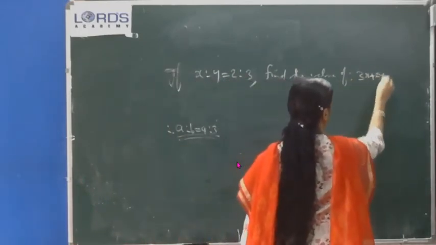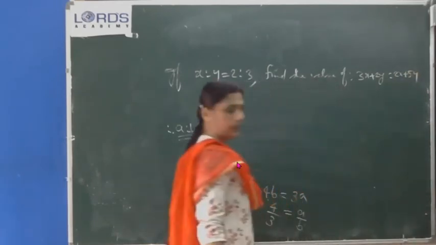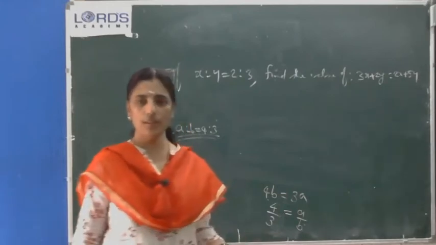This is the reverse question they are asking. 3x plus 2y is to 2x plus 5y. Okay. Just a reverse question.